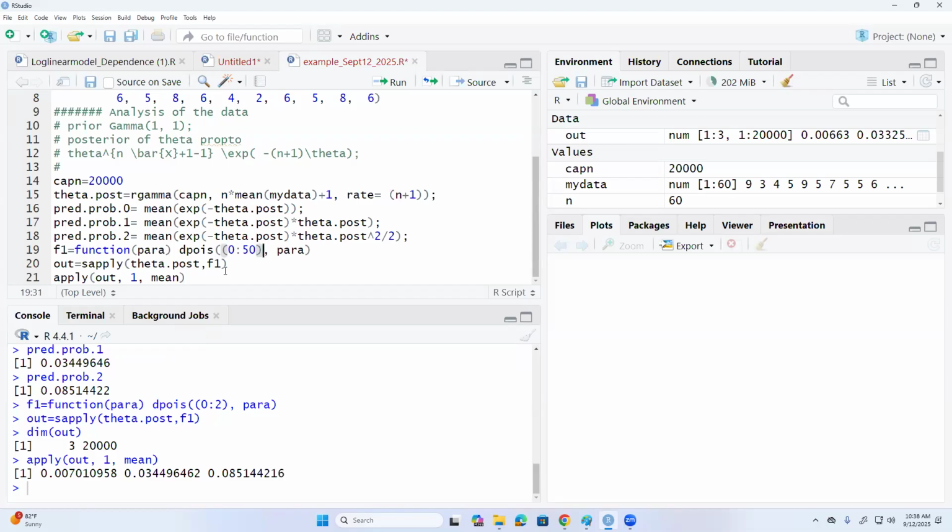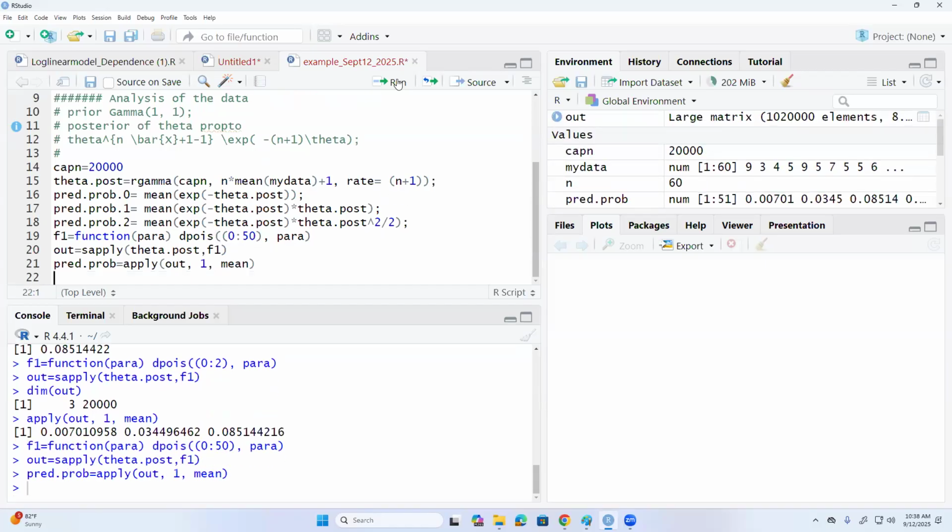So it is the best way to do. So let's do that. Okay. So it is calculated.